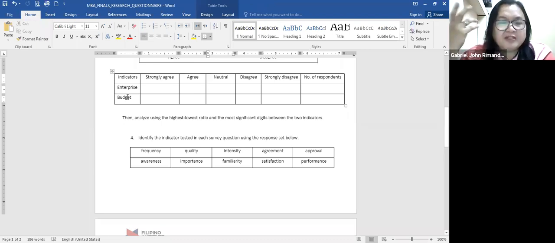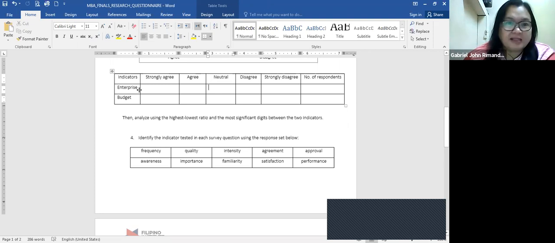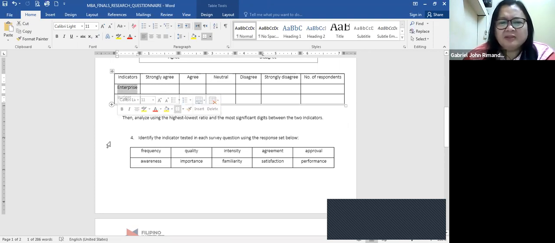Part of this would be making or creating your conclusion on why do you think a certain number of people agree on this enterprise aspect? And then when it comes to budget, ano ba to? Ang daming nagpa-pop up.